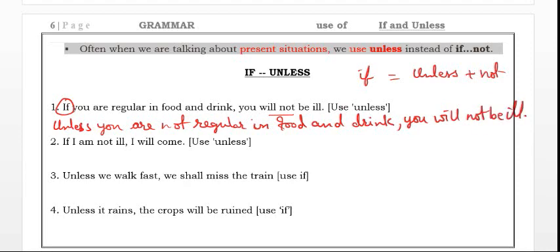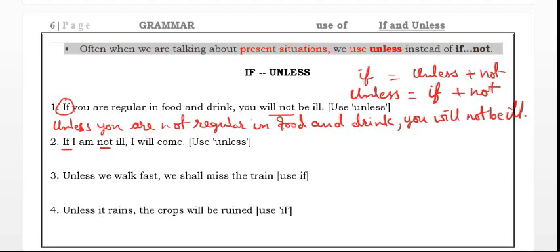This is our first. In the same way, if you see, I have if and not. So unless is equal to if plus not. So if I am not ill, I will come.